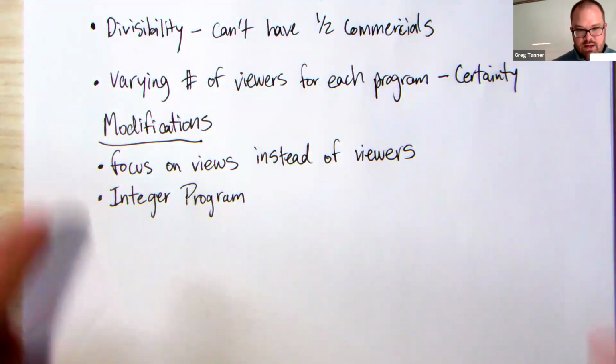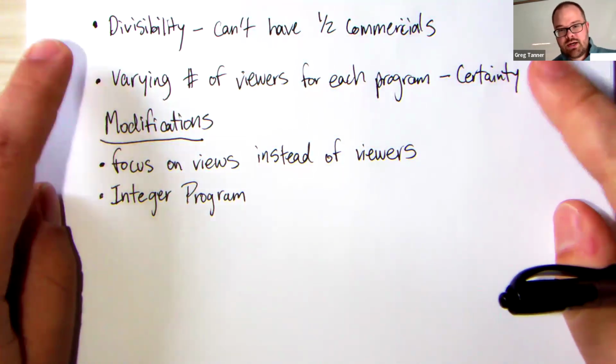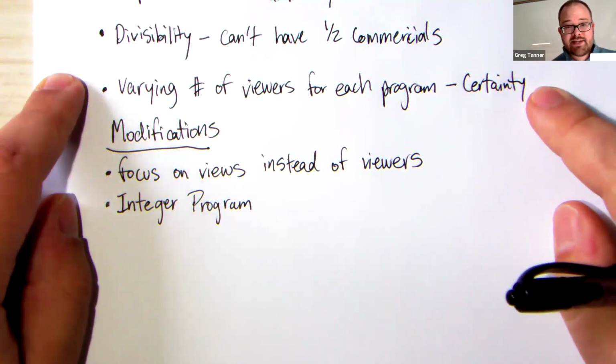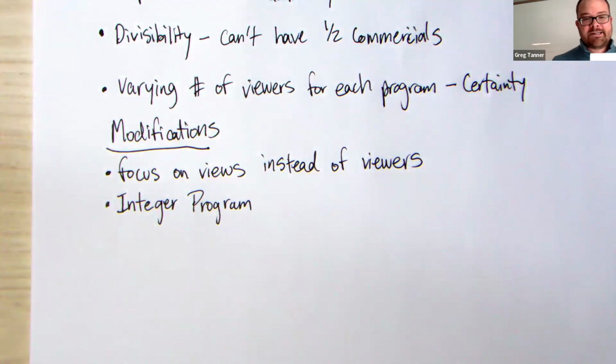And then there's not a ton we can do for the certainty one other than maybe make precise forecasts for each of those commercials based off of each of the games.